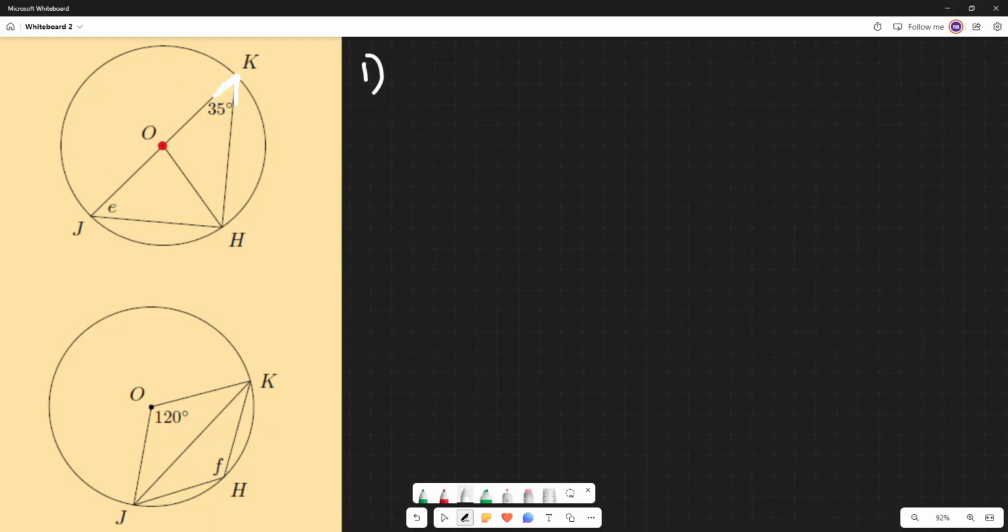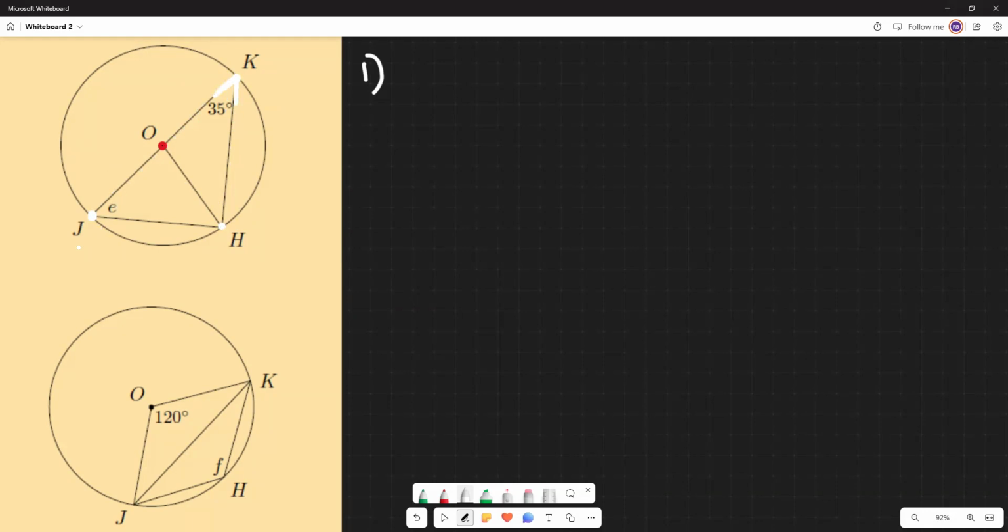So I can see that on this side, this line ends up on J. On this side, this line ends up on H, which means chord JH subtends K. Because you can go this way, and then from there you go that way.